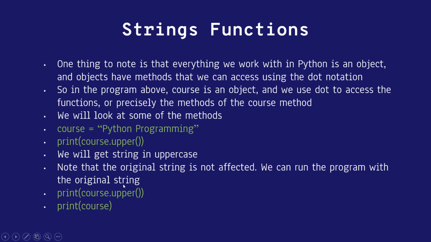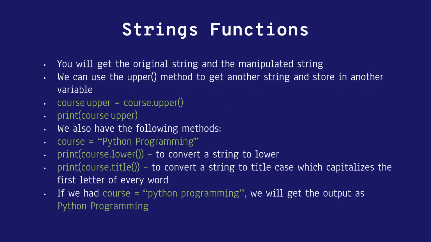You'll still get the string in upper and then the string in its original form. So you'll get the original string and the manipulated string. We can use the upper method to get another string and store it in another variable. For example, you can say course upper equals course.upper, then print course upper.